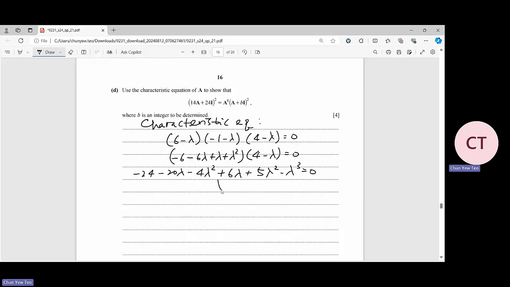So at the end, you get lambda cubed... Wait, I made a mistake.